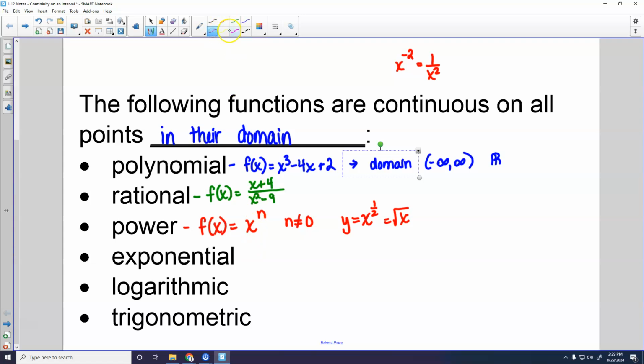Exponentials are going to be where you have a number like 3 raised to the x power. Your variable is in the exponent for those. Or another one we see a lot is e to the x. That's a really common one. Let's write that one down.